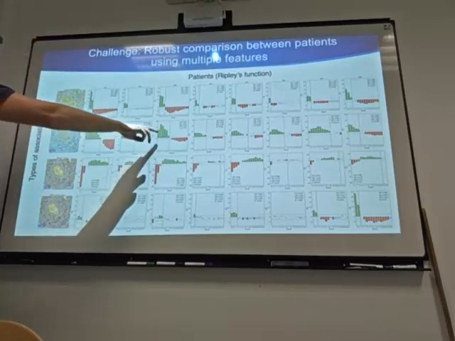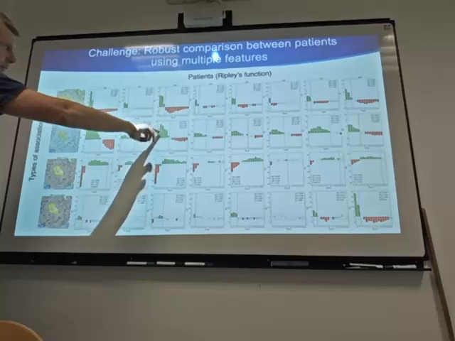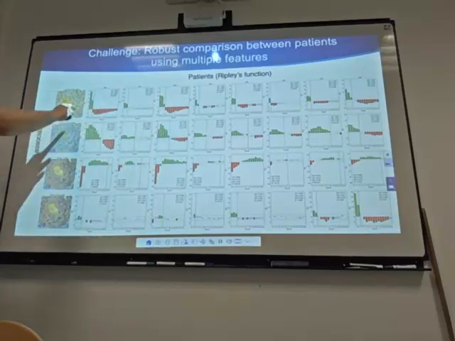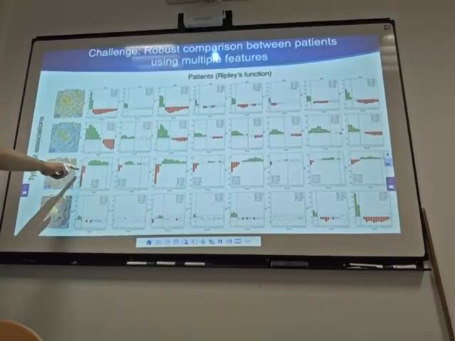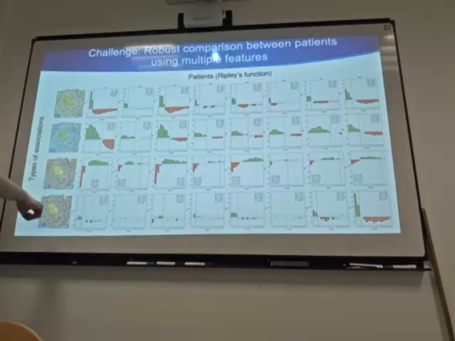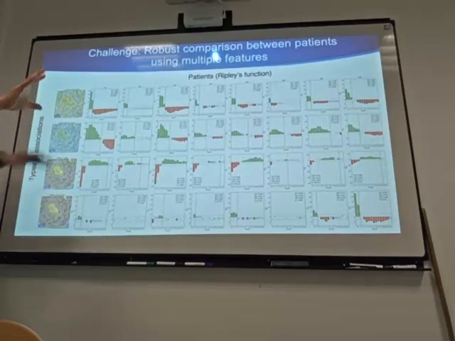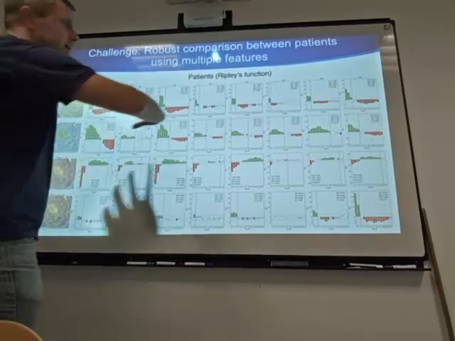So for example, here there is an accumulation of mast cells around T cells. Here also, here you have clearly a repulsion. So the T cells are far from the tumor, which is not the case for the mast cells. So you see conserved patterns, but clearly you see a variability.